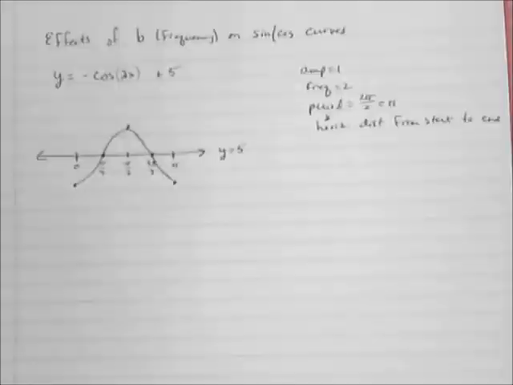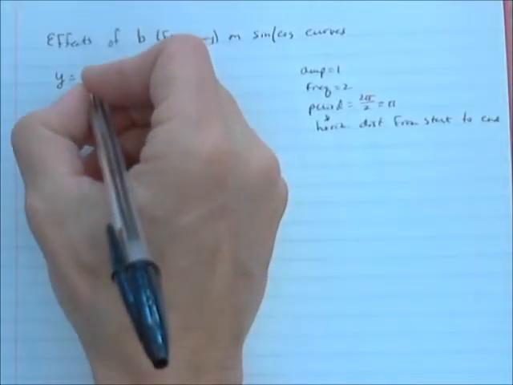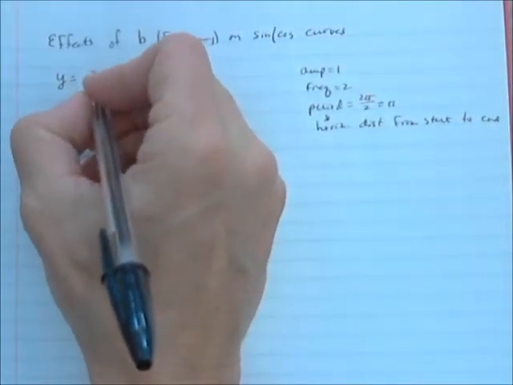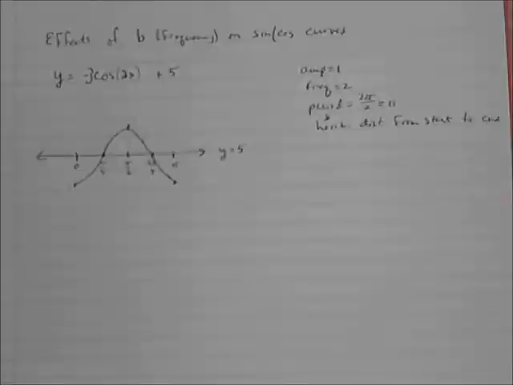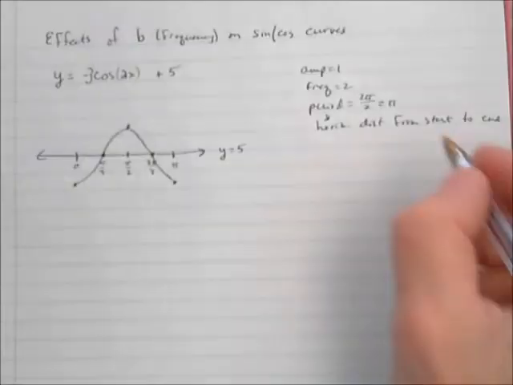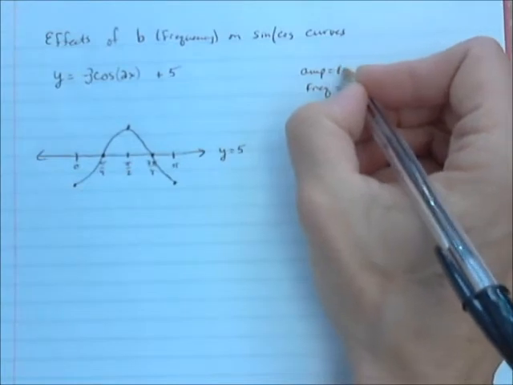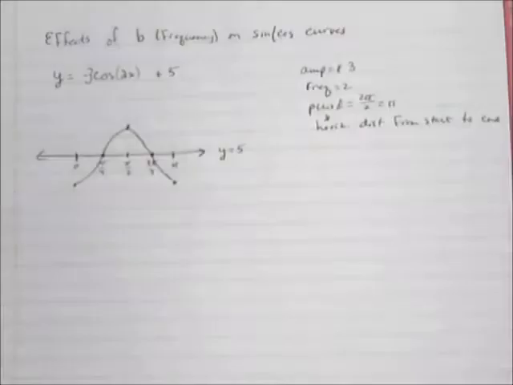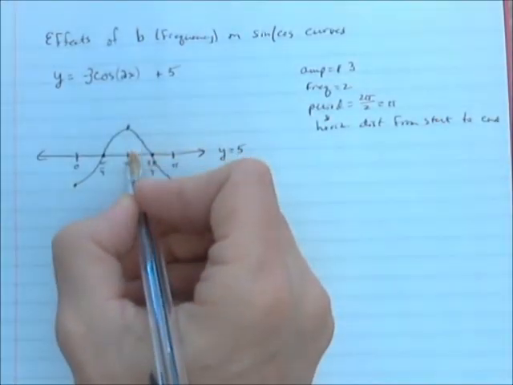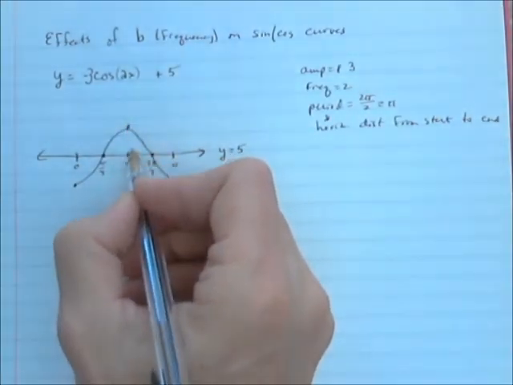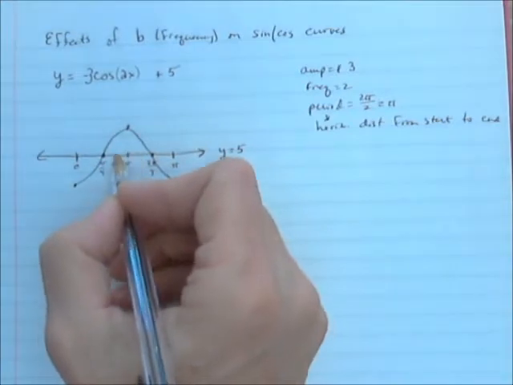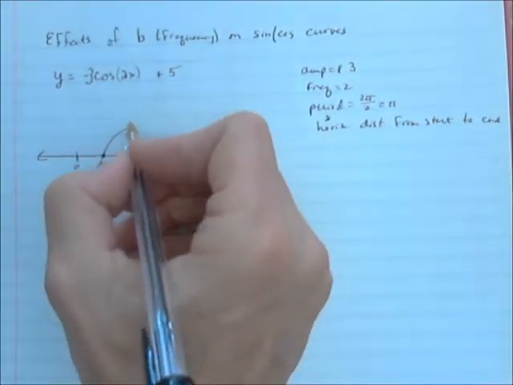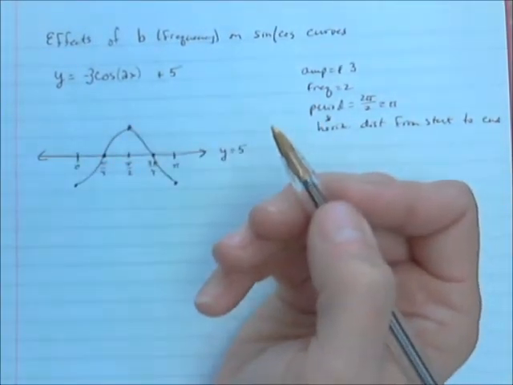And then the last thing we're going to do is put a 3 in front of this cosine. So we'll do negative 3 cosine of 2x. So now the amplitude, instead of a 1, is equal to 3. And what that means is the distance between the midline and the top is 3. So if this line is 5, then this maximum y value will be 8.